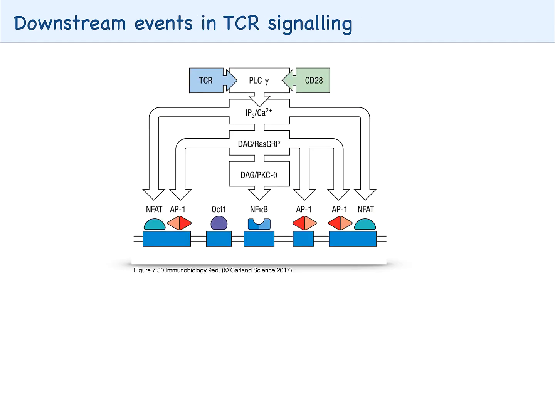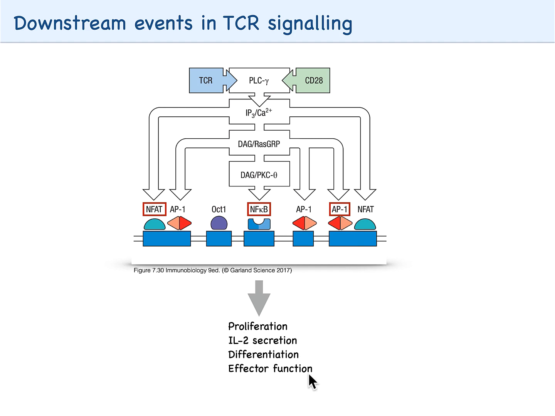There is a lot happening in the middle that I will not tell you; you can look in a basic textbook. But what is very important is that downstream of these events, you have activation of certain transcription factors, particularly, but not only, NFAT, NF-kappa B, and AP1. This will lead to proliferation of the cells, the clonal expansion, and IL-2 secretion. You remember IL-2 was a survival factor, so this will help the cell survive as well.